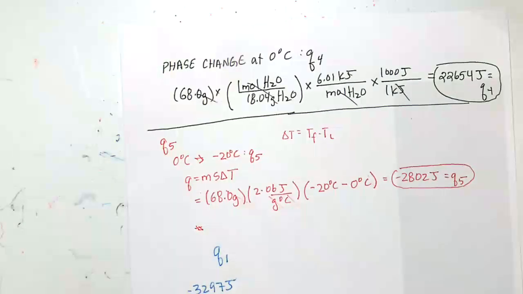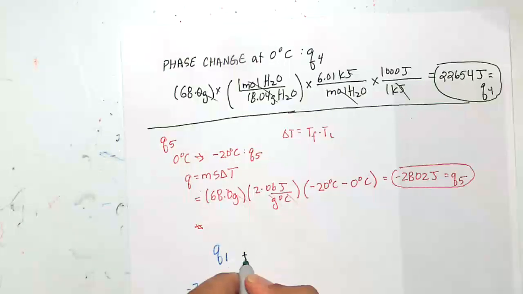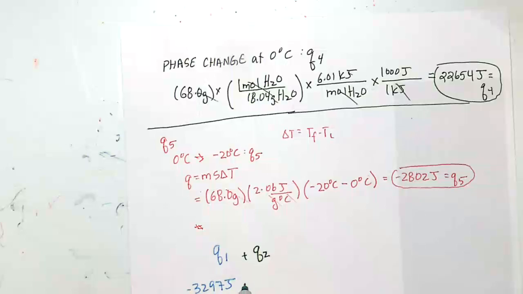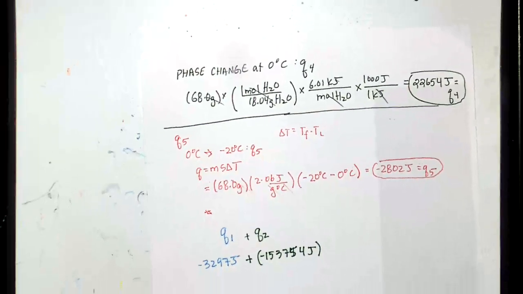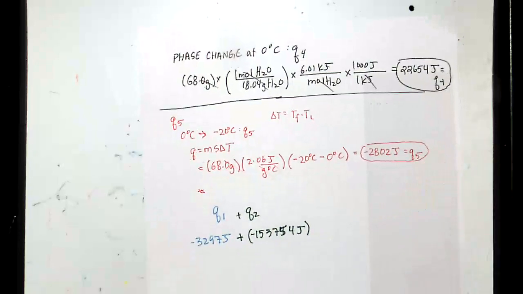That was the aqua, plus the phase change, which is Q2. Okay, this is confusing. So plus a minus 153,754 joules. It's plus or minus, so be careful. That's tricky. That's the phase change.